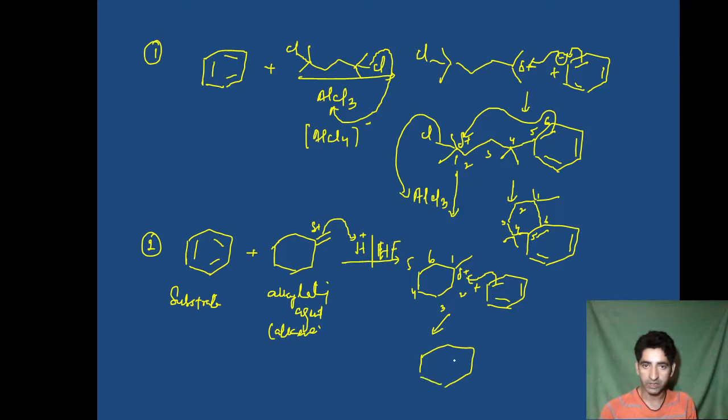So this is the ring, double bond, double bond, double bond. Over here it forms a bond with carbon 1, and this carbon 1 is attached to a 6 membered ring, and at this carbon 1 we have a substituent like this. So this is the product of the reaction. So you have to remember, when the alkylating agent contains a double bond or a triple bond, it has to be protonated first. Why? So that a carbocation will be formed easily.